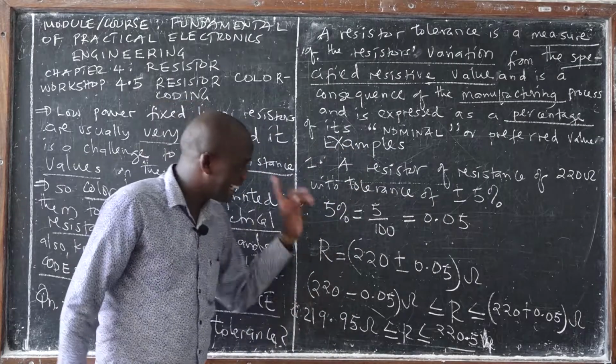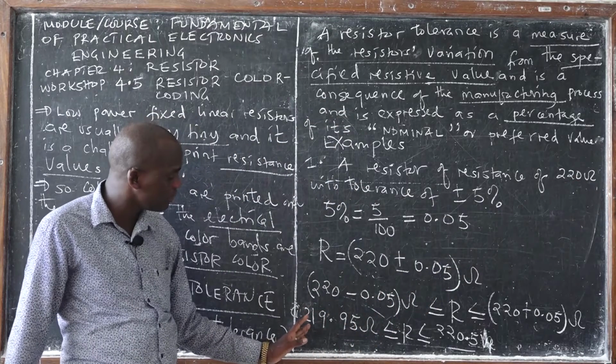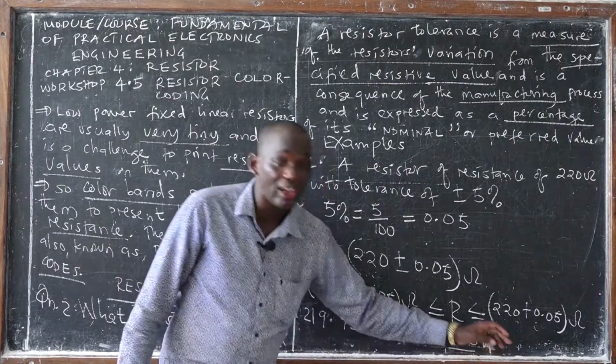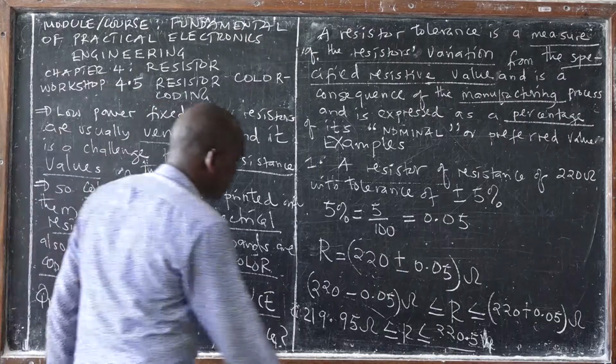So the resistance of this standard 220 ohm resistor will lie between 219.95 ohm and 220.05 ohm. Thank you very much.